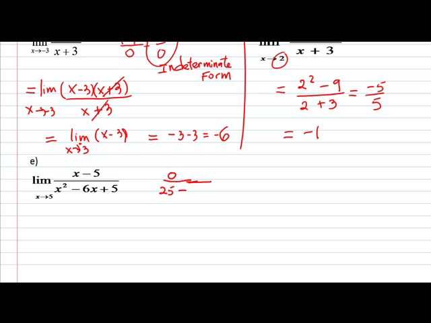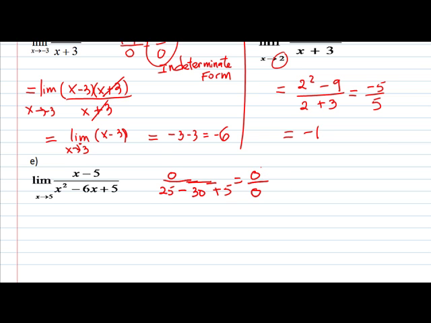Minus 6 times 5 is 30, plus 5. I have 0 over 25 minus 30, which is minus 25, plus 5, which is 0. You see, when we substitute the value of 5 directly, I have 0 over 0, which means indeterminate form. That means we can't determine whether this is equal to 0 or undefined.